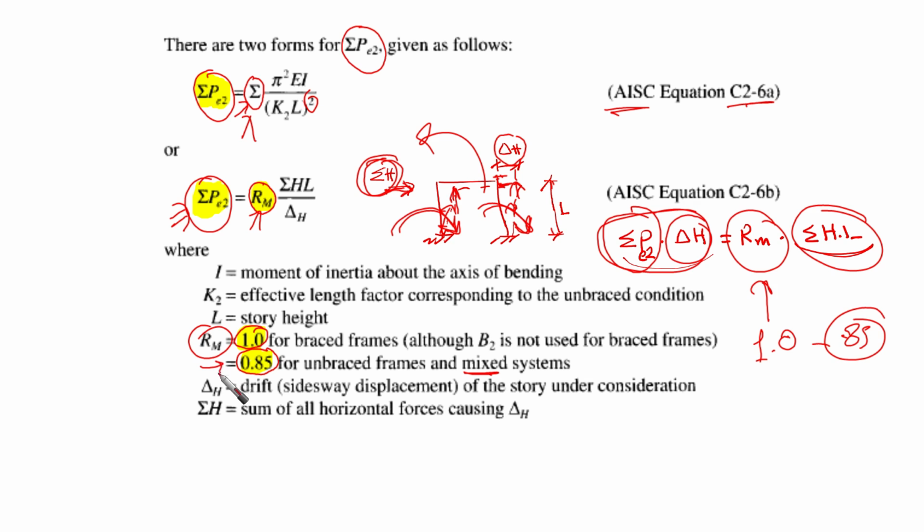So we are going to have Rm to be 0.8. Delta H, as I said to you, is the drift or sidesway displacement of the story under consideration. Summation of H is the sum of all horizontal forces causing this horizontal displacement.